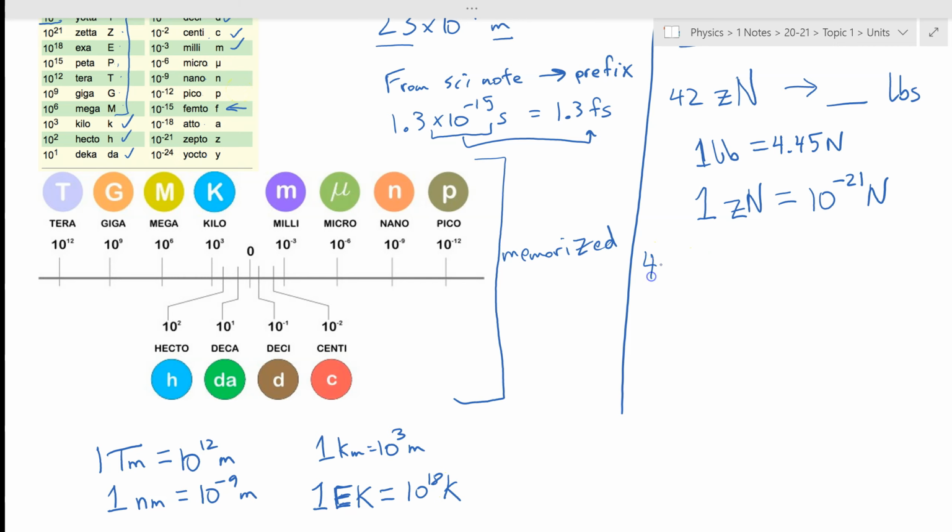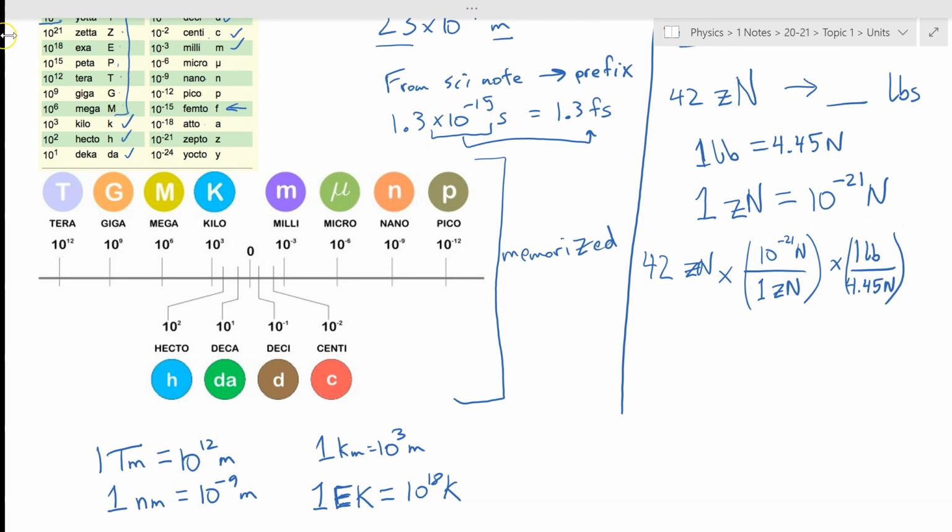That is how you can write down a conversion factor from the table up here so that you can then use it. So if I could go back to this problem, I would do 42 zeptonewtons times a conversion factor, 1 zeptonewton, 10 to the negative 21 newtons on top, then 4.45 newtons on the bottom, and 1 pound on the top there.